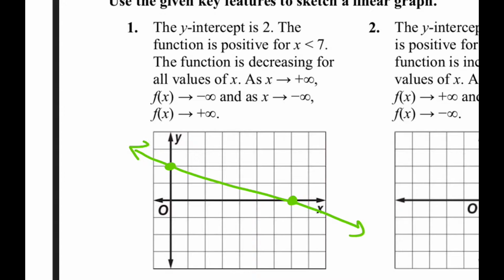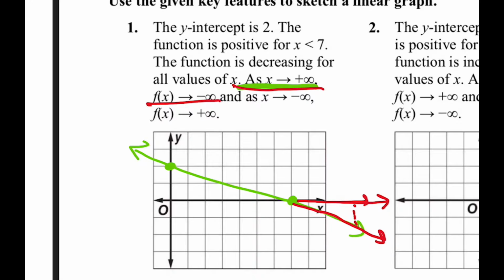But what I want to do, because we want to understand what's going on here, let's go ahead and confirm this. Right, and I'm going to confirm it by the information that's given. So it says as x approaches infinity, so as it keeps going to infinity, my function, the end behavior is negative infinity, which yes, in fact it is, because as I go to a positive infinity on the x-axis, my function is in fact going down, right?